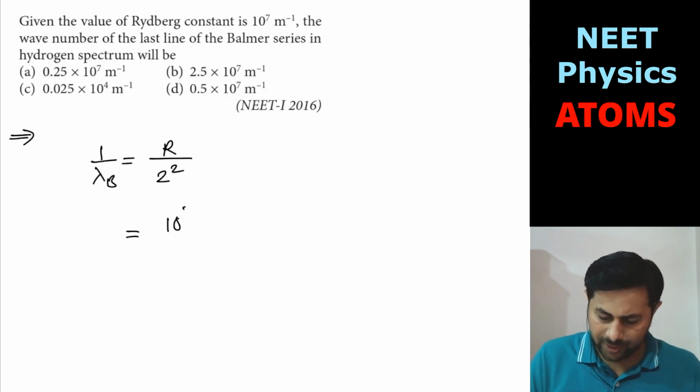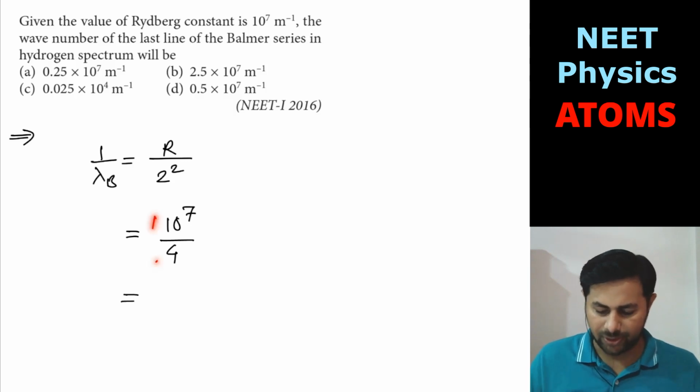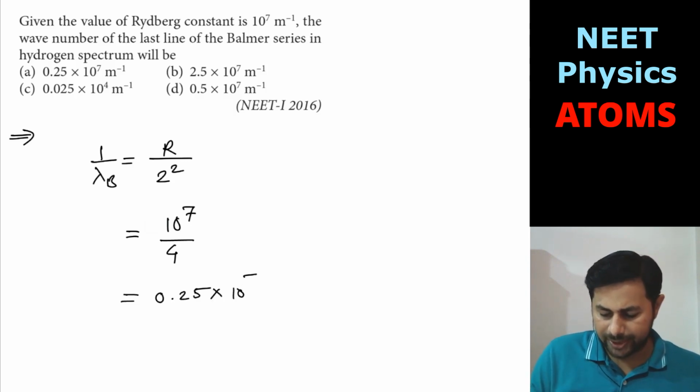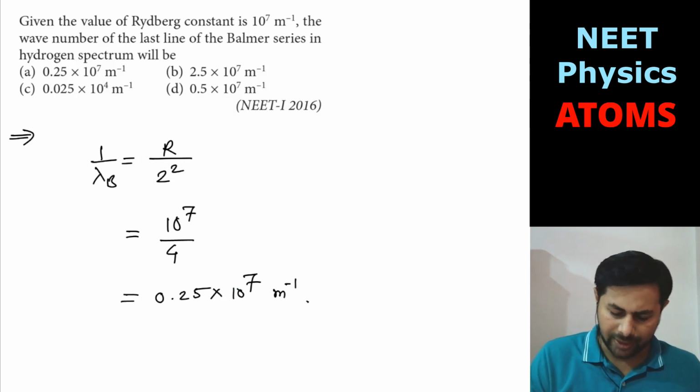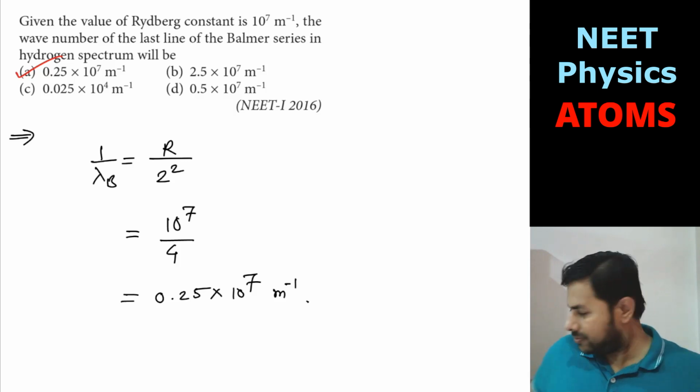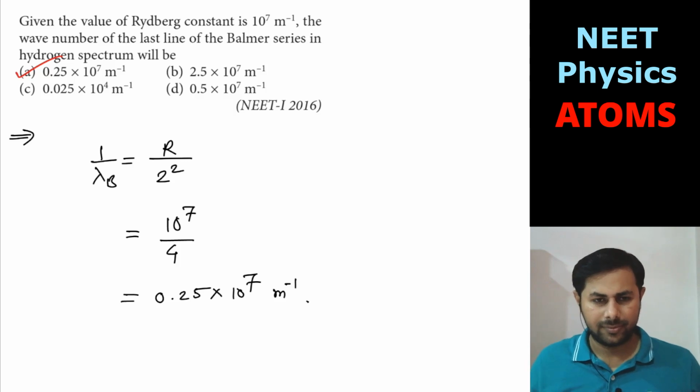So that is 10 raised to 7 divided by 4, 1 by 4 times 10 raised to 7. 1 by 4 is 0.25. 0.25 multiplied by 10 raised to 7 per meter. So that is option A. Very simple, right?